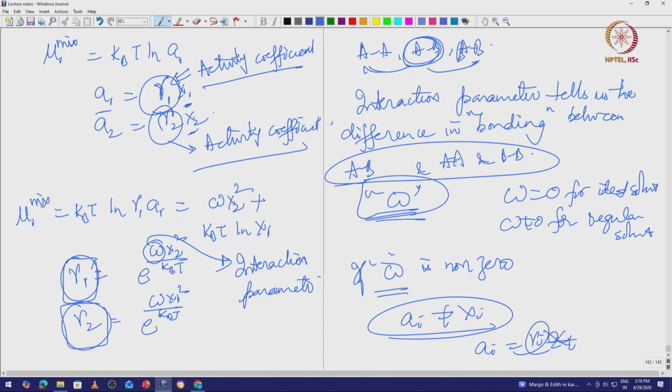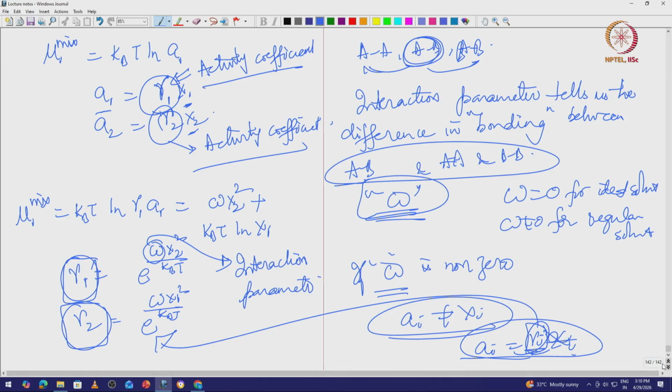So, activity coefficient is this gamma i, right. Now, if platinum and palladium are bonding differently, or they have much stronger attraction compared to platinum and platinum, if I am not saying it is, but if that is the case, then my activities and compositions are quite different, and they are related by what are called activity coefficients, and in the activity coefficient you have the interaction parameter. The interaction parameter relates the activity coefficient and composition. Okay. So, atomistically you can think of it this way.